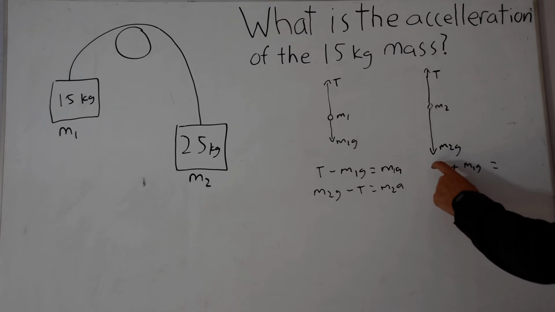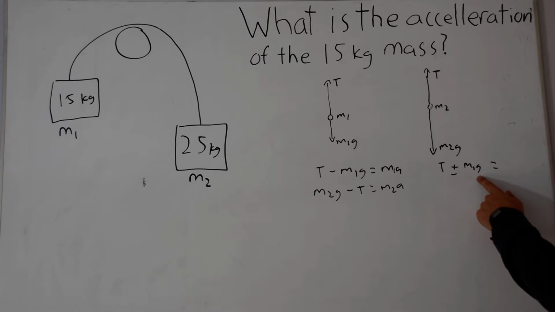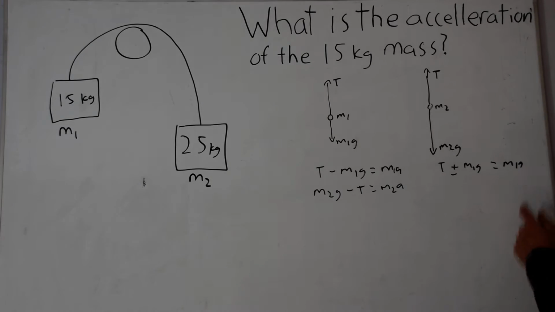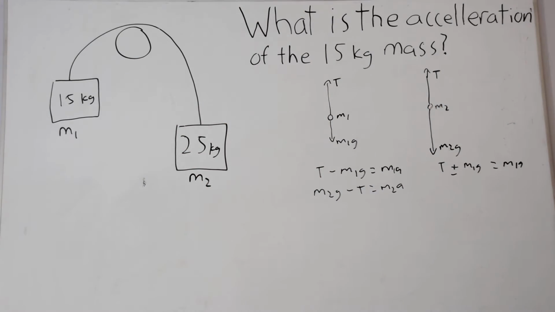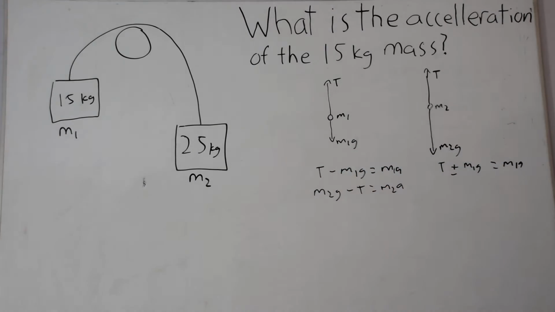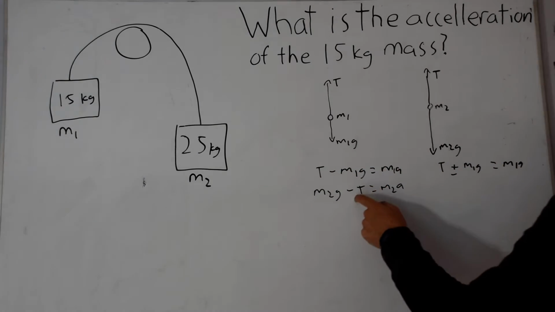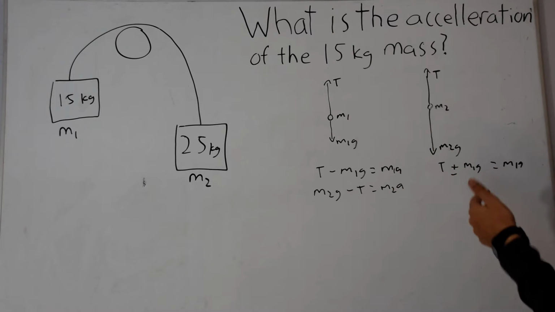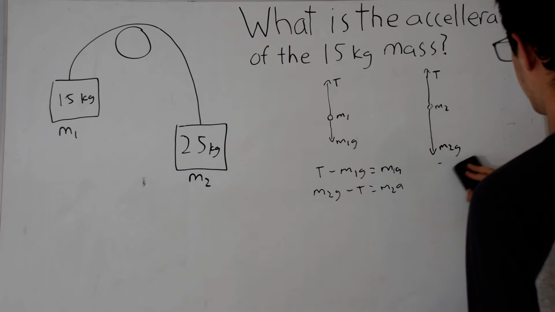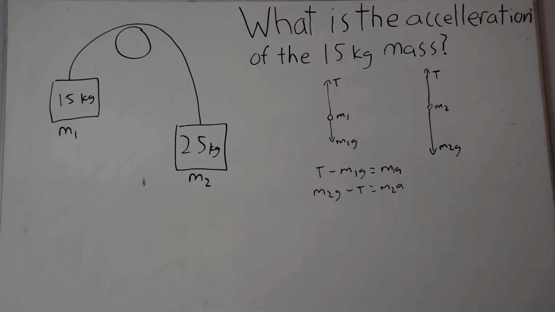And because it's a bigger force minus a smaller force, this M1a, this acceleration, is going to be upwards. So if I take into account direction, I get this equation. And you can do the same thing for this equation by flipping the direction and making downwards positive and upwards negative.